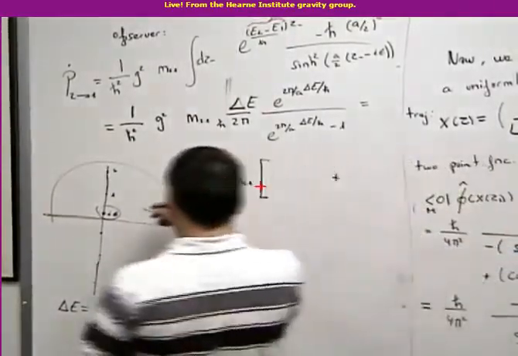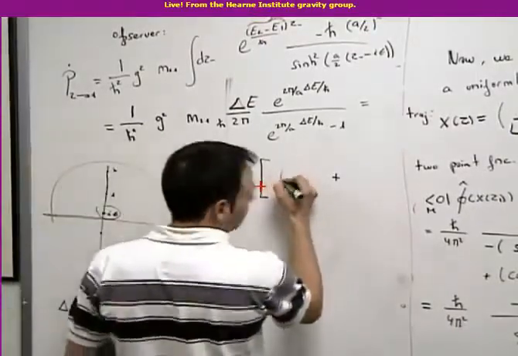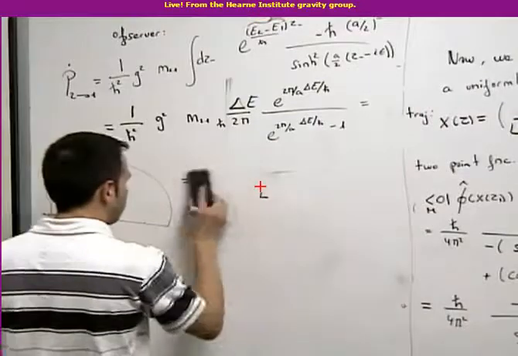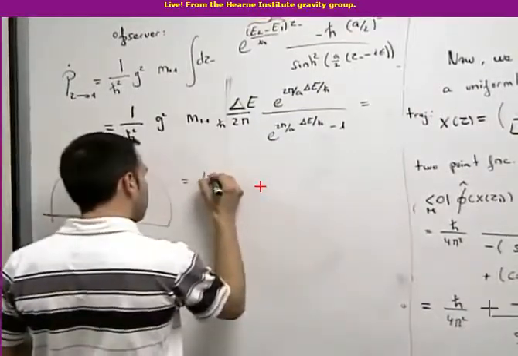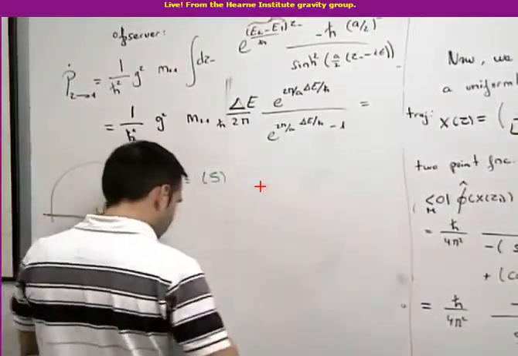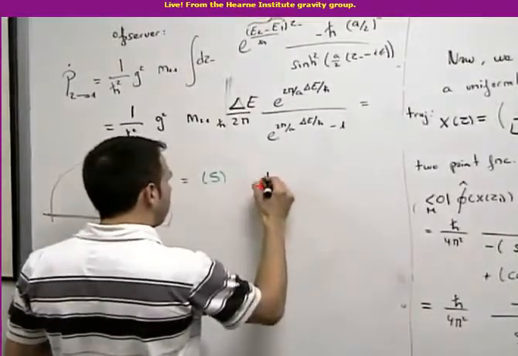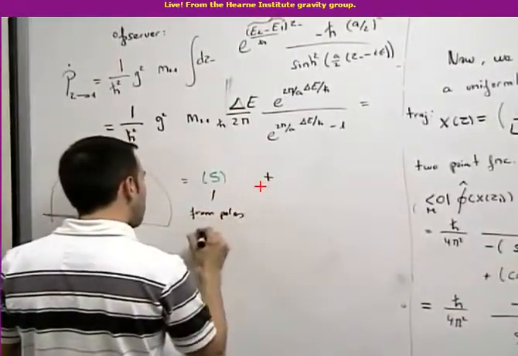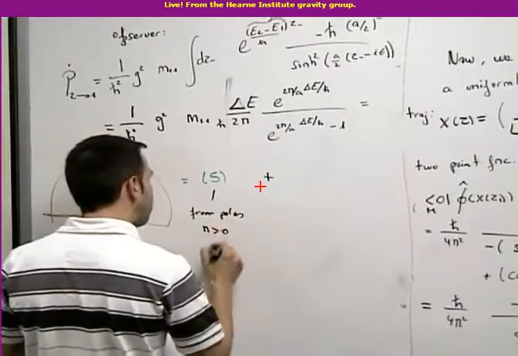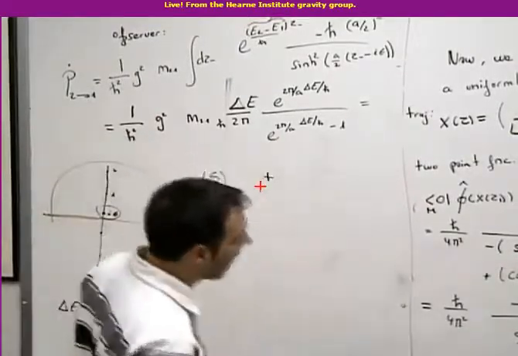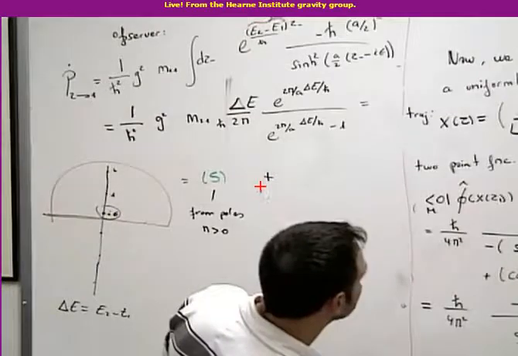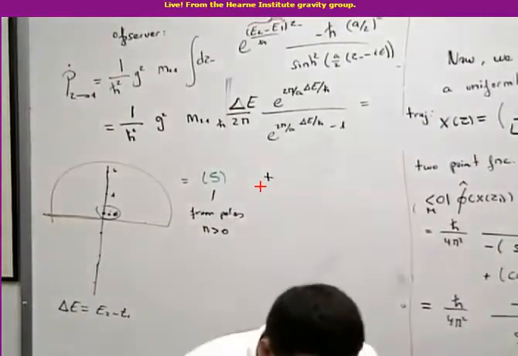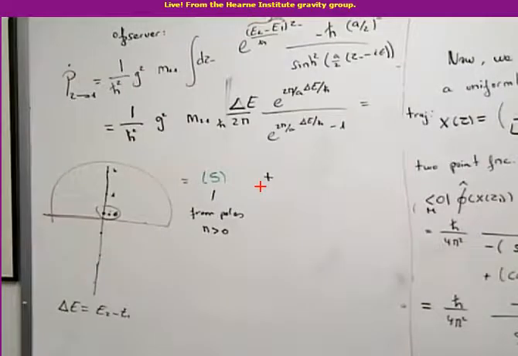I don't do it, but if you compute only those residues, you get the same as equation 5. So this is from poles with n larger than 0, plus something identical to what we computed for the Minkowski spontaneous emission.